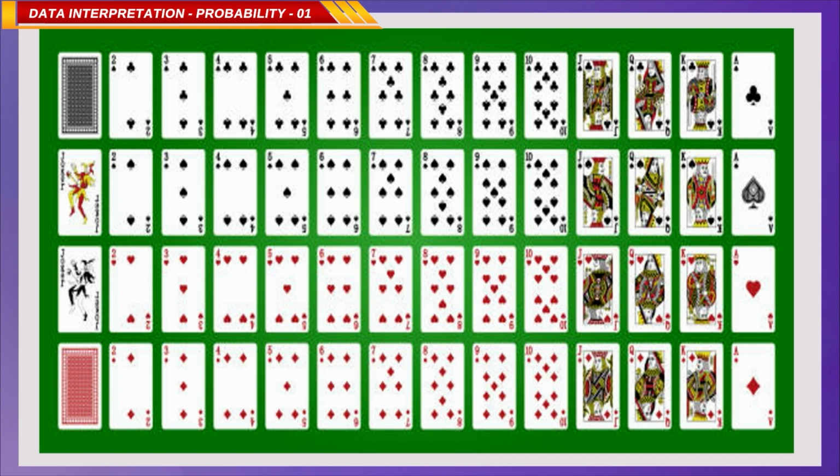Observe these. And we have 4 kinds of symbols: club, spade, heart, diamond. I will give clarity to it.